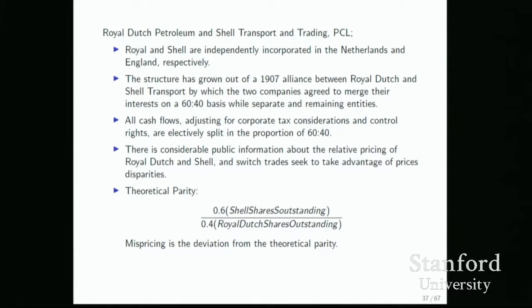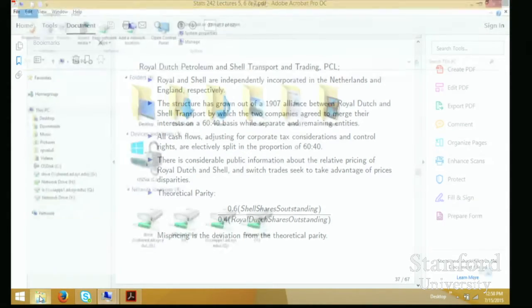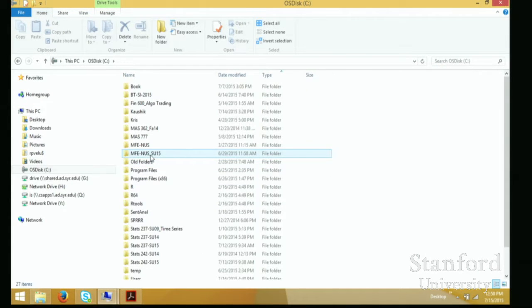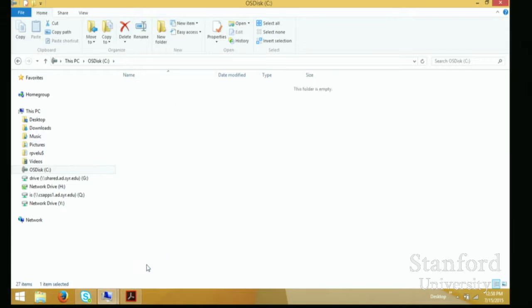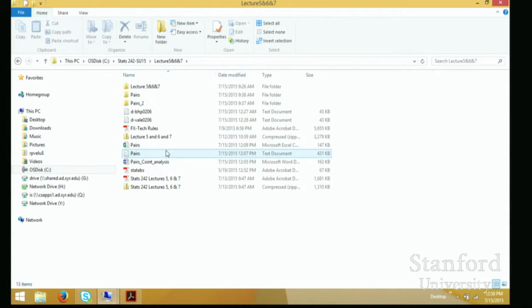Before I do that, I want to show you the actual data that I have posted. I think this is the one.